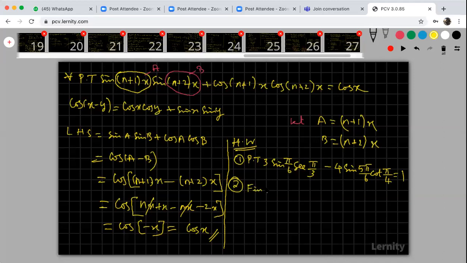Find the value of sine 15 degree, cos 15 degree. And find the value of tan of 13 pi by 12.